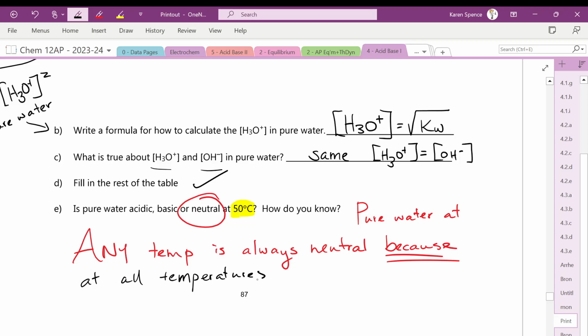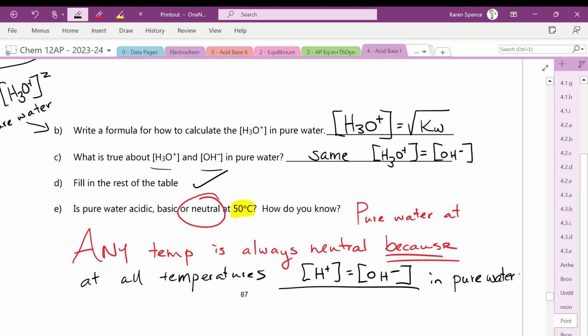At all temperatures, what is true? Concentration of hydrogen is equal to the concentration of hydroxide. At all temperatures, hydrogen equals hydroxide in pure water.